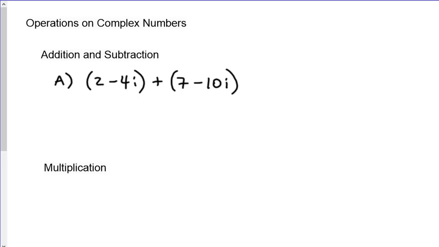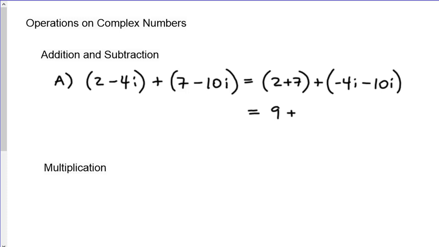All you're going to do is just basically combine your real parts and then combine your imaginary parts, and leave them separate in the end. So this would be 9 plus, this becomes negative 14i. So we have 9 minus 14i.